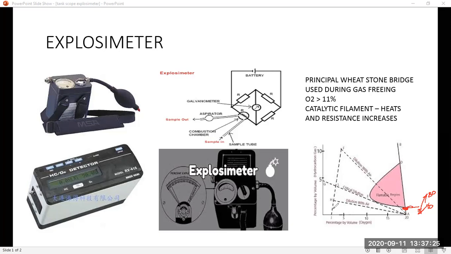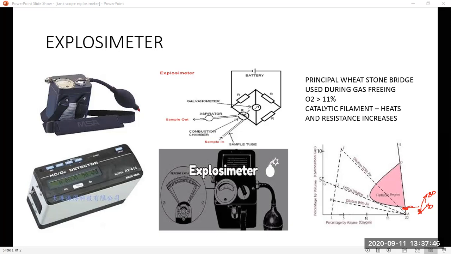hydrocarbon percentage. But the working principle is the same, Wheatstone bridge, but we have a catalytic filament here. Catalytic filament means the gas enters and the filament reacts with the gas, and there is an exothermic reaction.